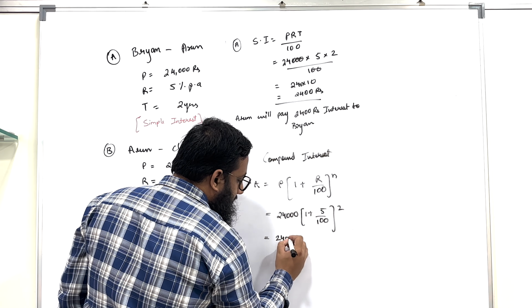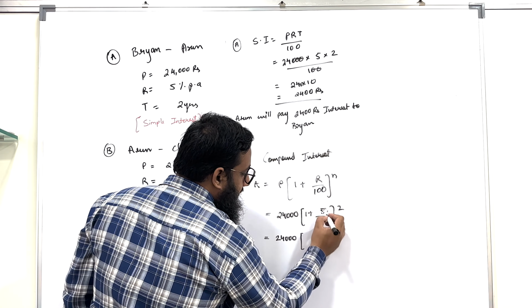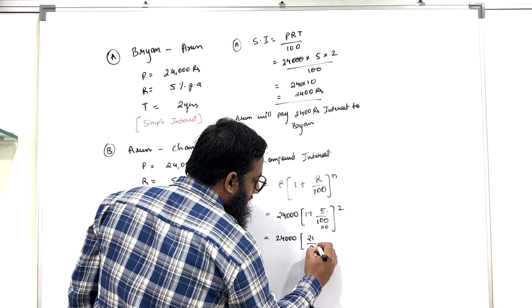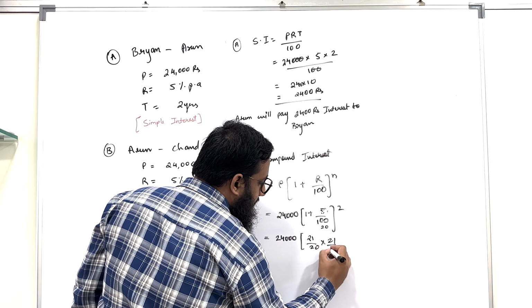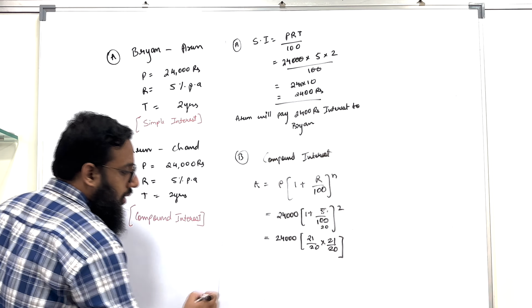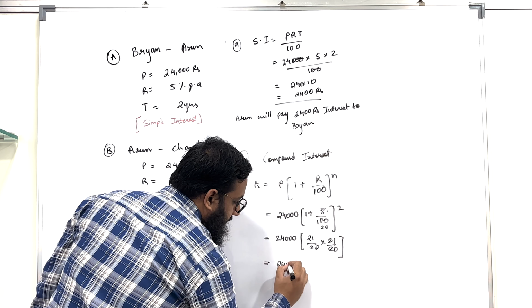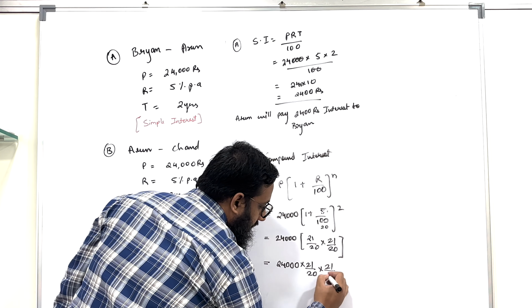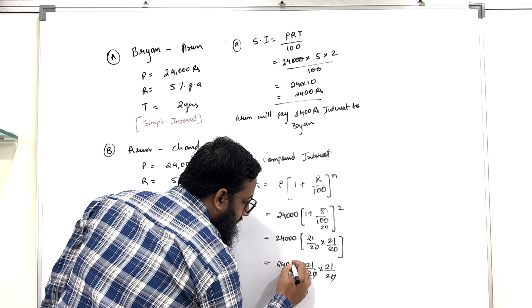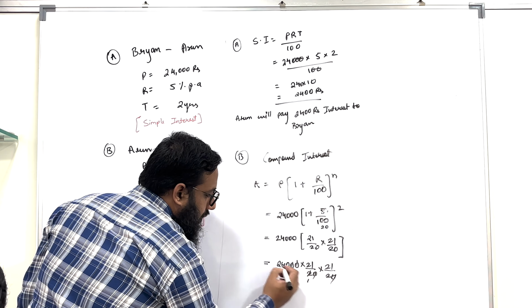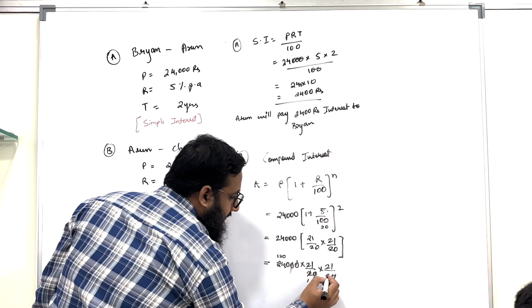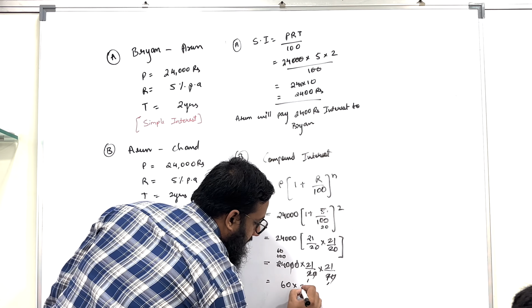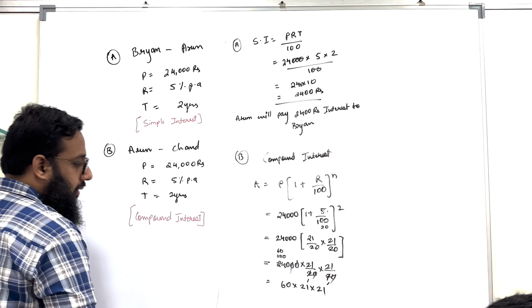So 24,000, 5 ones are 5, 5 twos are 10, so 21 upon 20, 2 times. Next step, 24,000 into 21 upon 20 into 21 upon 20, zeros cancel. So 60 multiplied by 21 multiplied by 21.